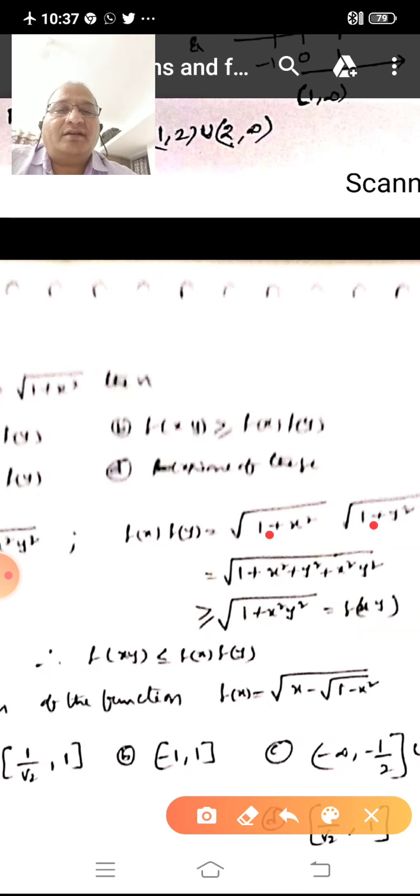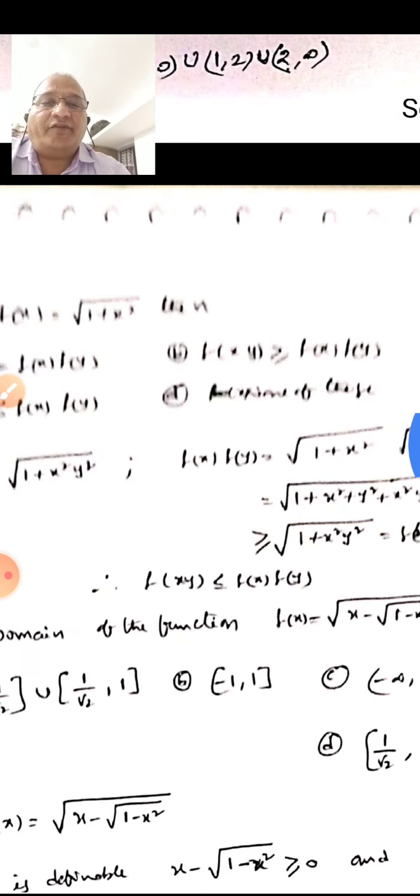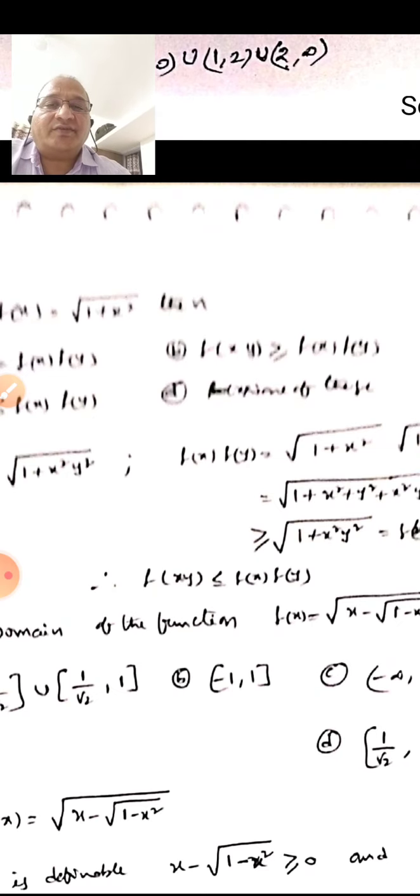So definitely this value is greater than this value. So that's why I used the greater than symbol, because it is the same as f of xy. Therefore, what is the right answer? f of x into f of y is greater than or equal to f of xy.